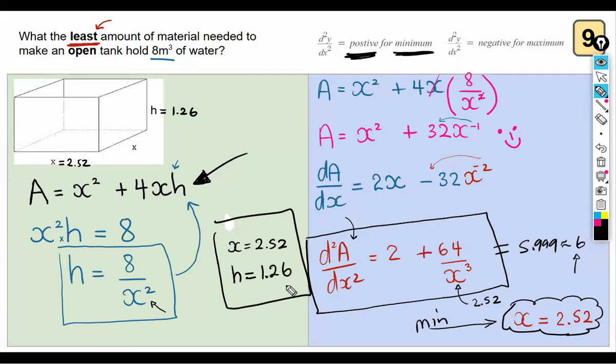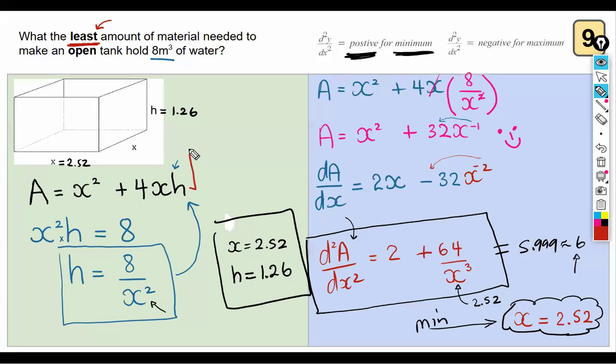Now they want you to actually calculate the minimum surface area. So you think you all can finish out the question there now? Replace all in the first equation, the black equation, every x you see with 2.52 and any h you see with 1.26, right? And a lot of students would have missed that, right?